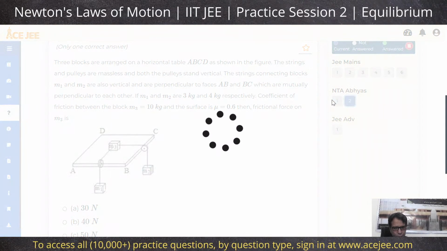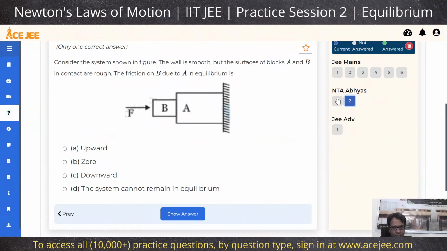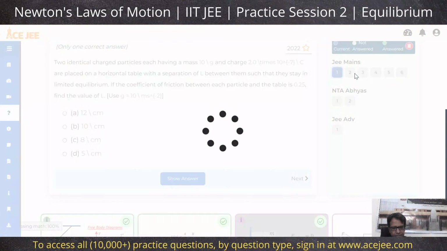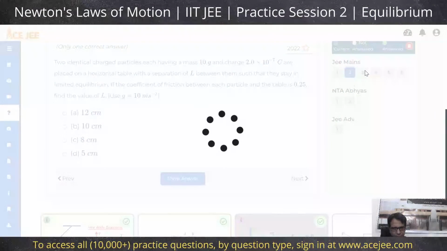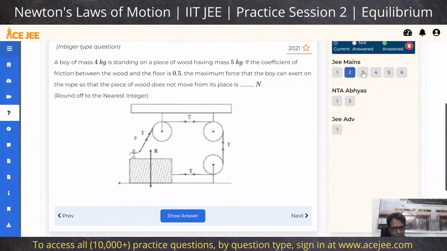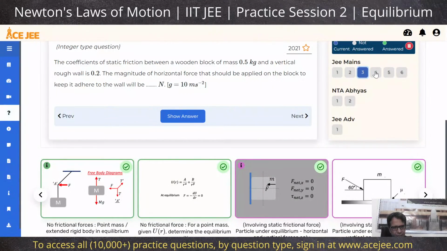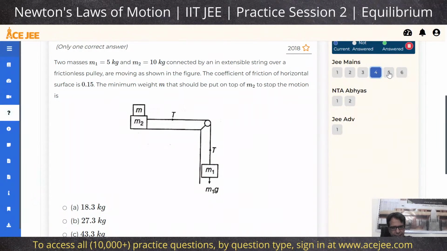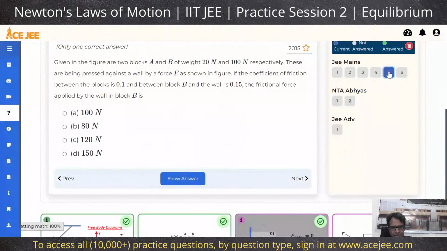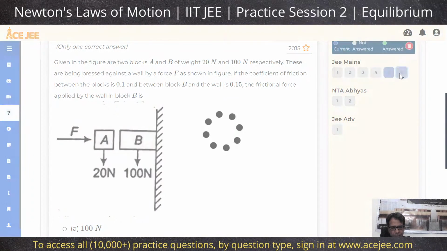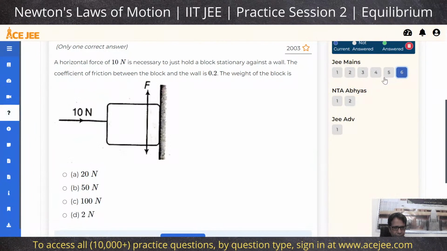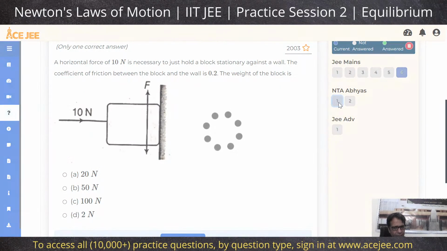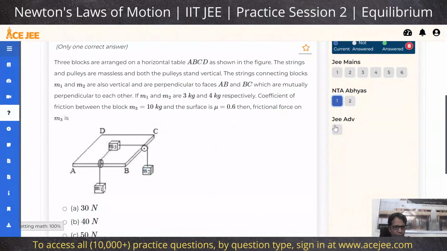This is actually quite a good problem. This is also a good problem. Let's start with this one. But today we'll only do this problem and then we'll carry on our practice tomorrow.